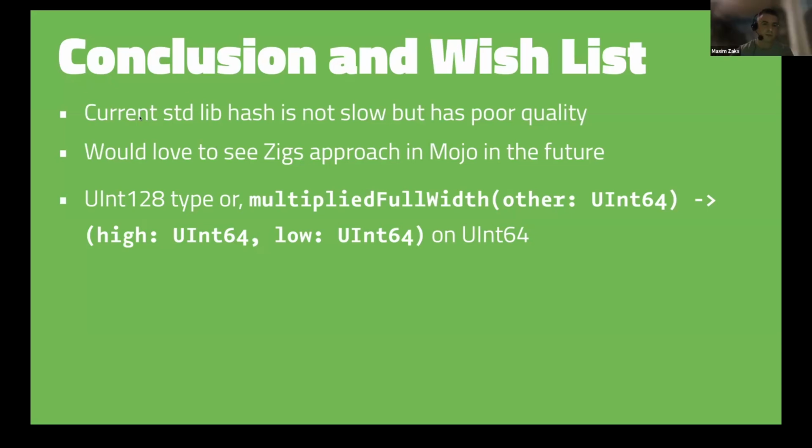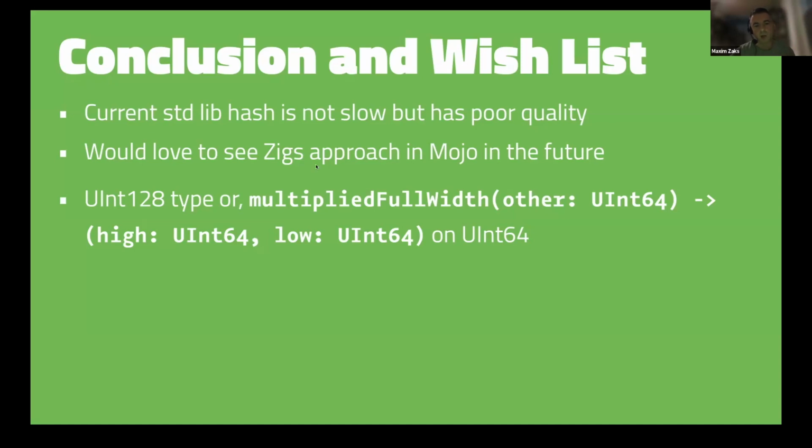So generally, the standard library hash is not necessarily slow, but it has poor quality, which will be reflected in how many collisions we get in the hash map, and hence it would make the hash map look bad in a way, right?